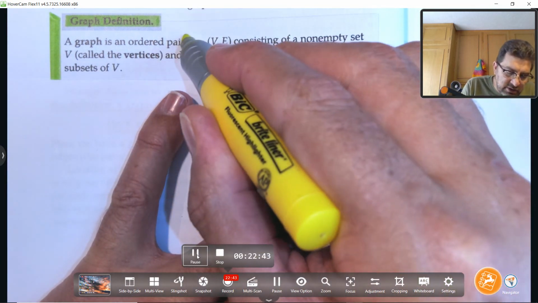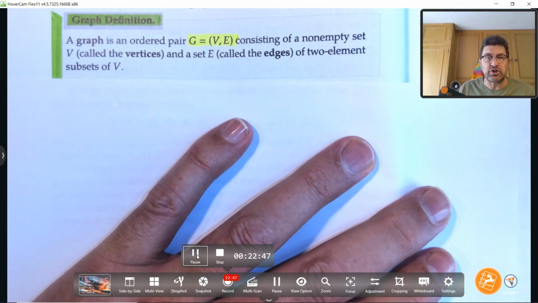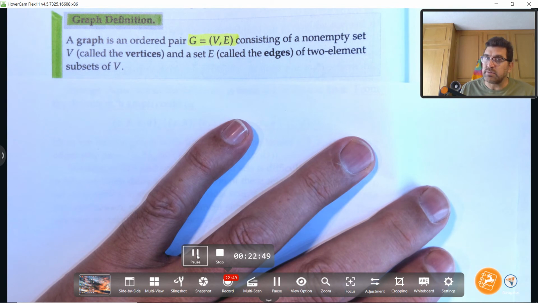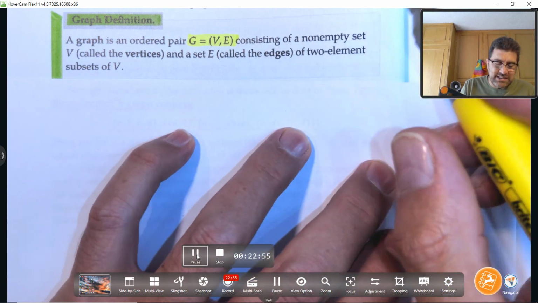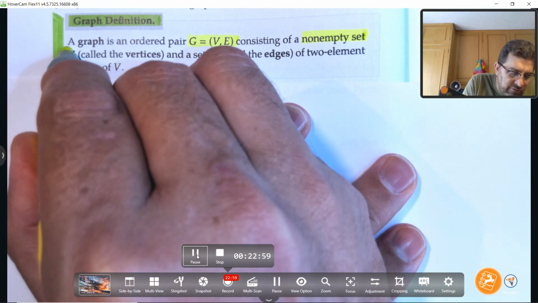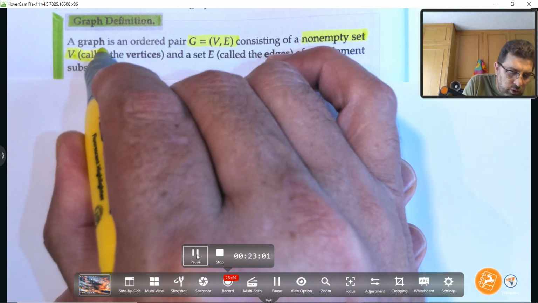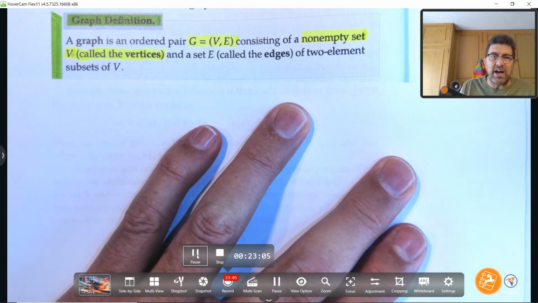G = (V, E). Just like functions, we use the same language in a way to talk about this. We're talking about a coordinate pair for now, consisting of a non-empty set V, which we're going to call the vertices. So you have to have vertices.